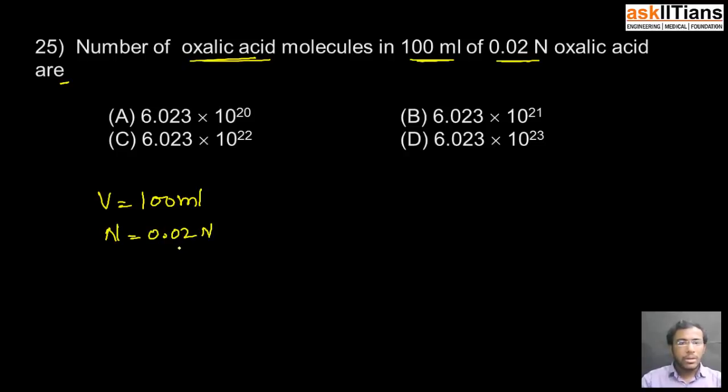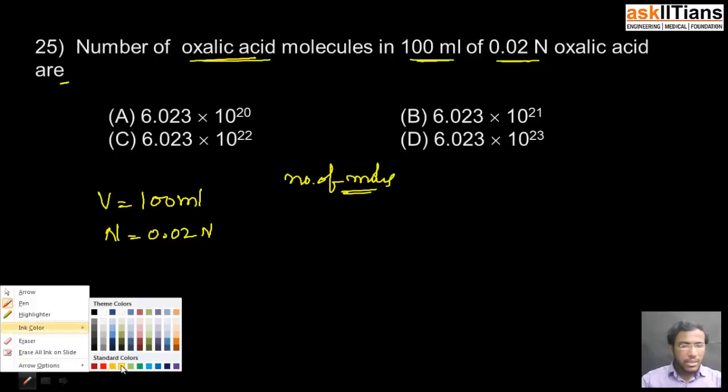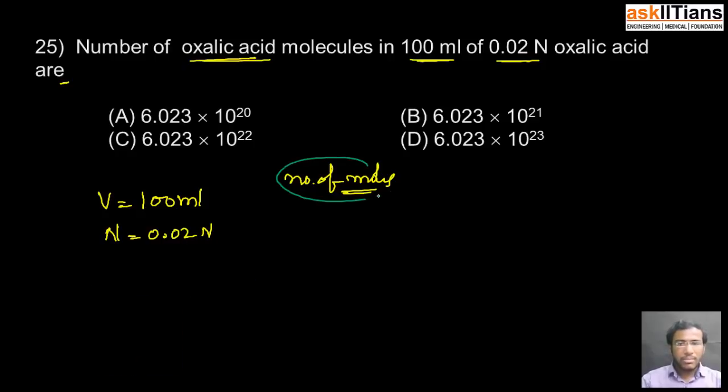How to do this? Number of molecules you can calculate if you know the number of moles. So if you can calculate the number of moles, then the question is done.